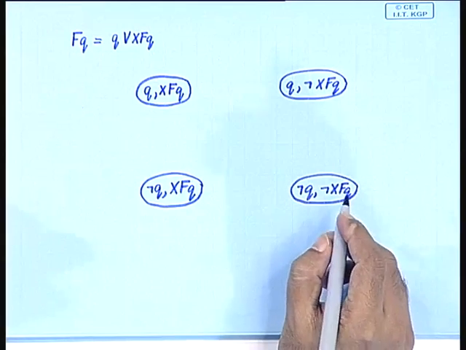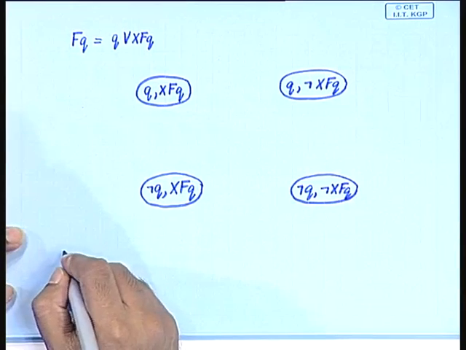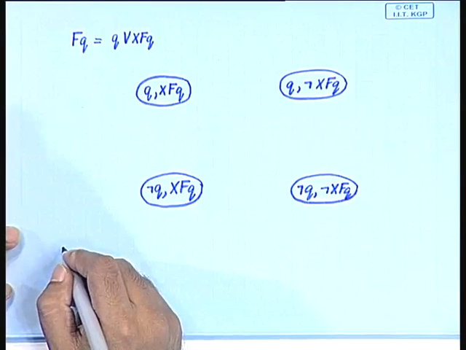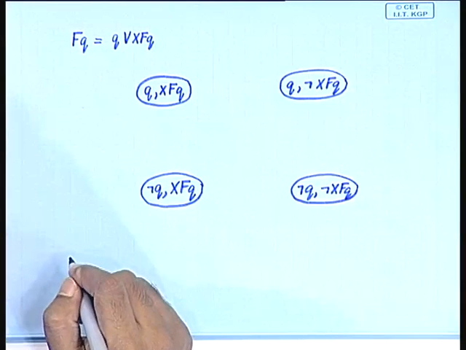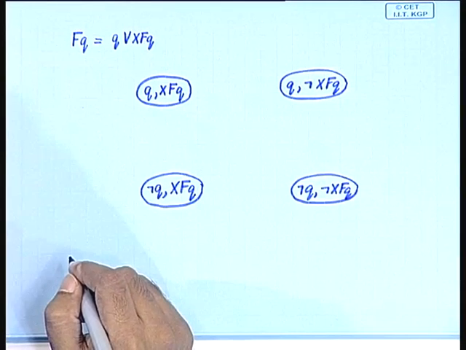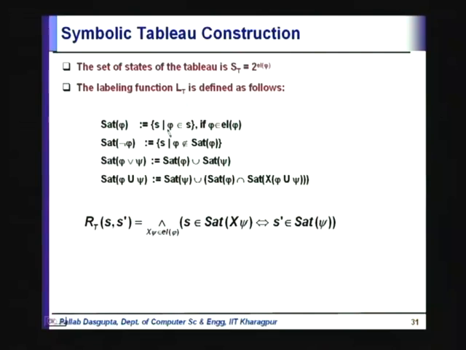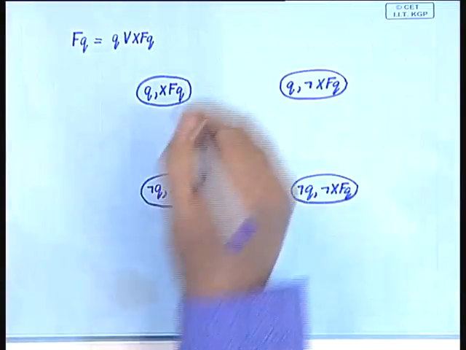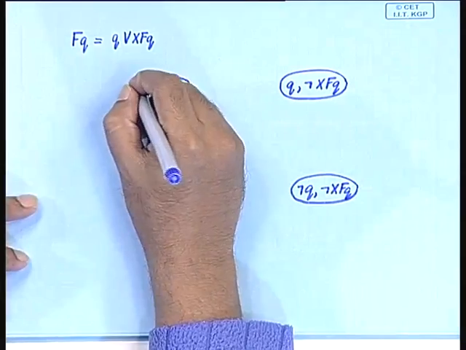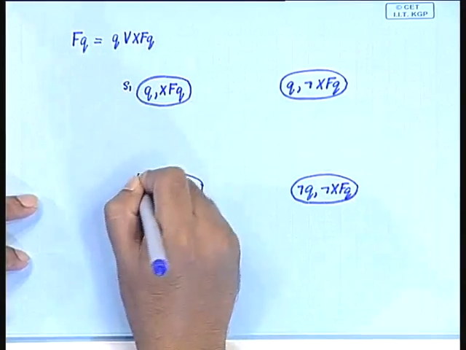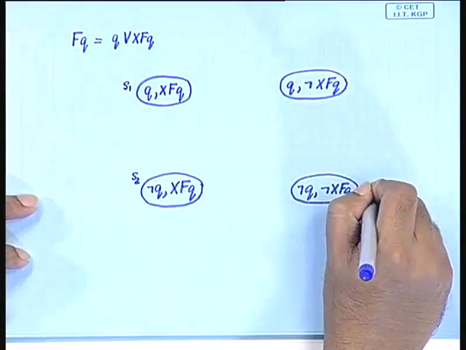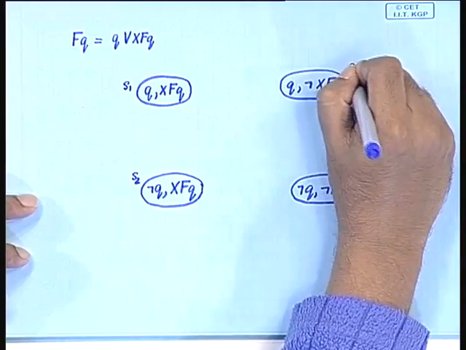Now we first start by saying, supposing Q. So what is sat Q? Let us name these states S1, S2, S3, S4.